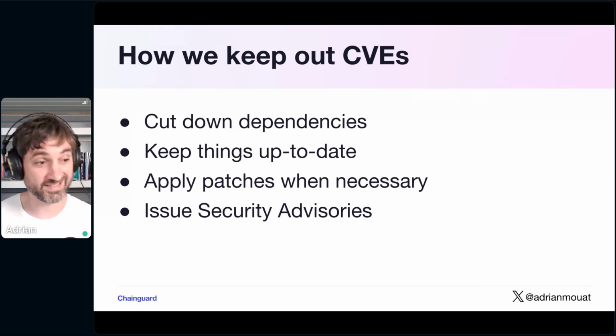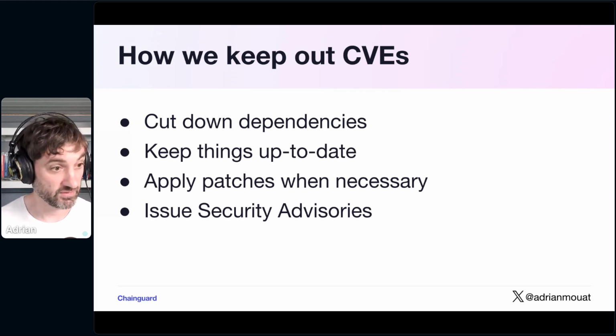Or we can say, yes, this is a relevant CVE. We can say we're working on it, and then once we have it addressed, we'll update the security advisory to say, hey, this has been fixed in version whatever. And the scanners will pick that up. And so that's how we get to 0 CVEs.